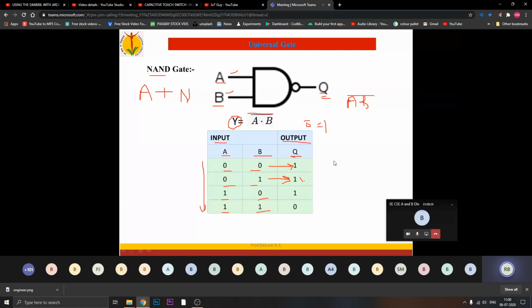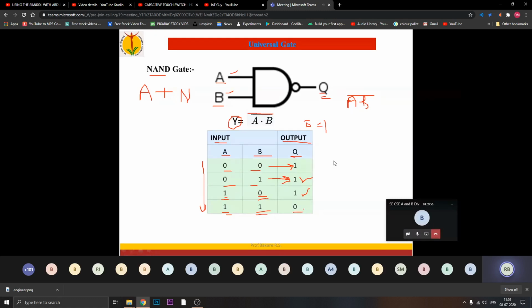Now the third, 1 into 0, again the same case: 0, and 0's complement again gives 1. But in the last condition, 1 into 1 is 1, and 1's complement gives 0.